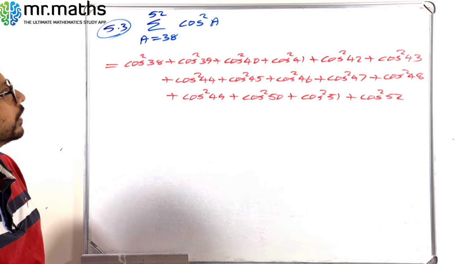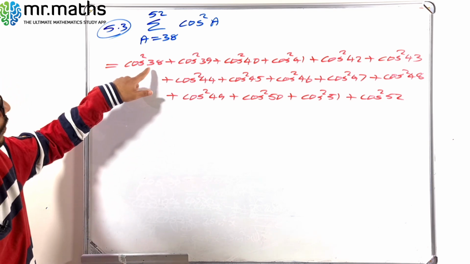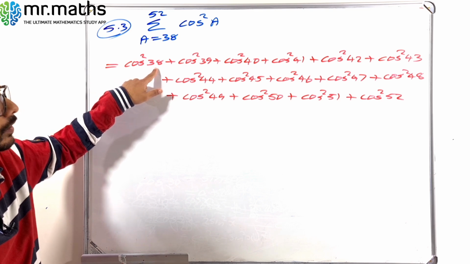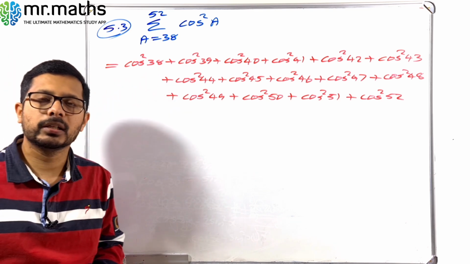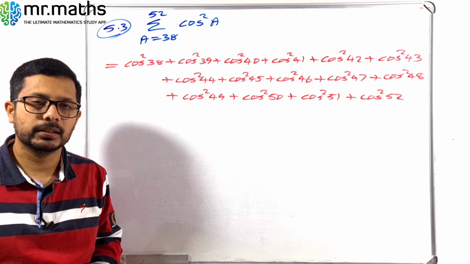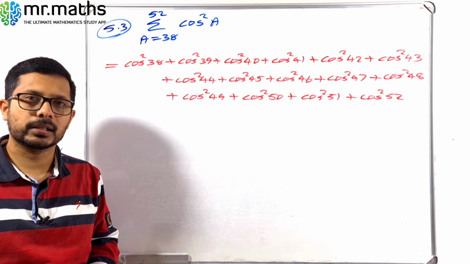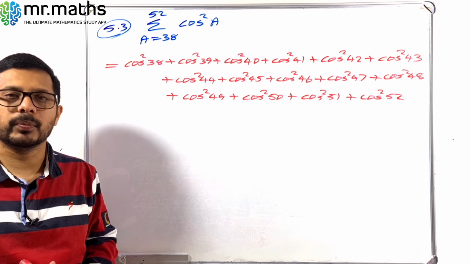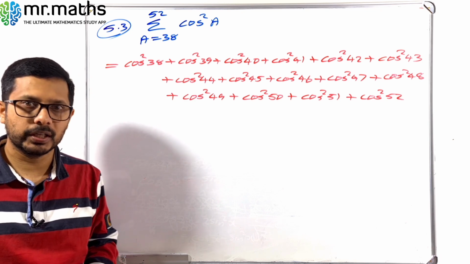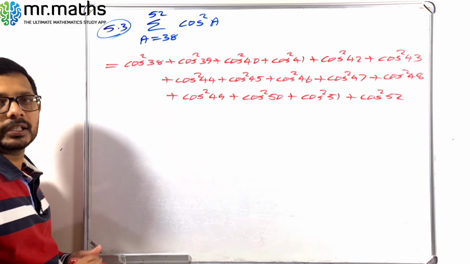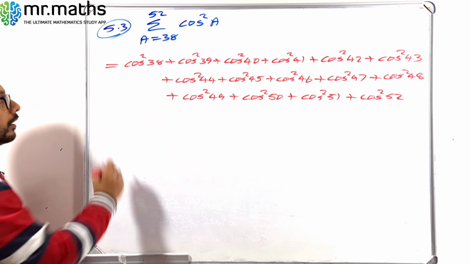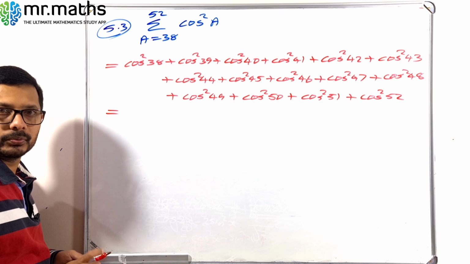Now here what you have to check is this cos square 38. Check in your calculator what is 90 minus 38. Is it not 52? So this cos square 38 is the same as sine square 52. Am I right?